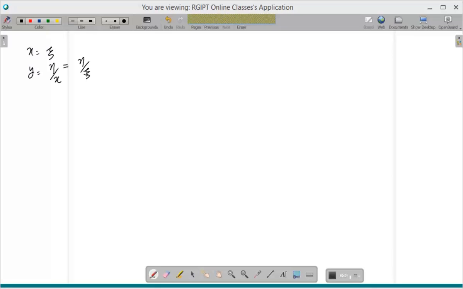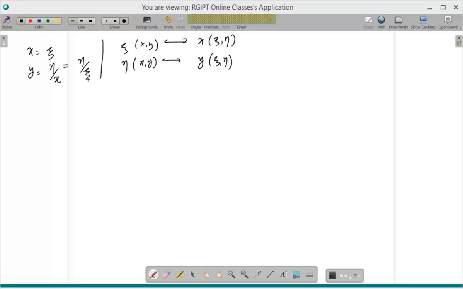Remember you have zeta and eta as functions of x and y, and when you invert these, you get x and y as functions of zeta and eta. If I have to find zeta x, eta x, etc., you have to write down zeta and eta as functions of x and y. I think that should suffice.